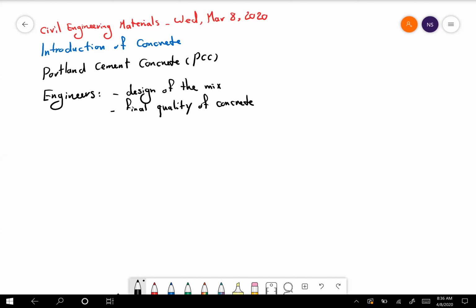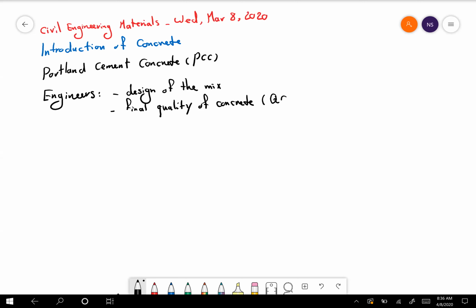Right? That means that you need to do quality control and also quality assurance. We call it the QC/QA process.